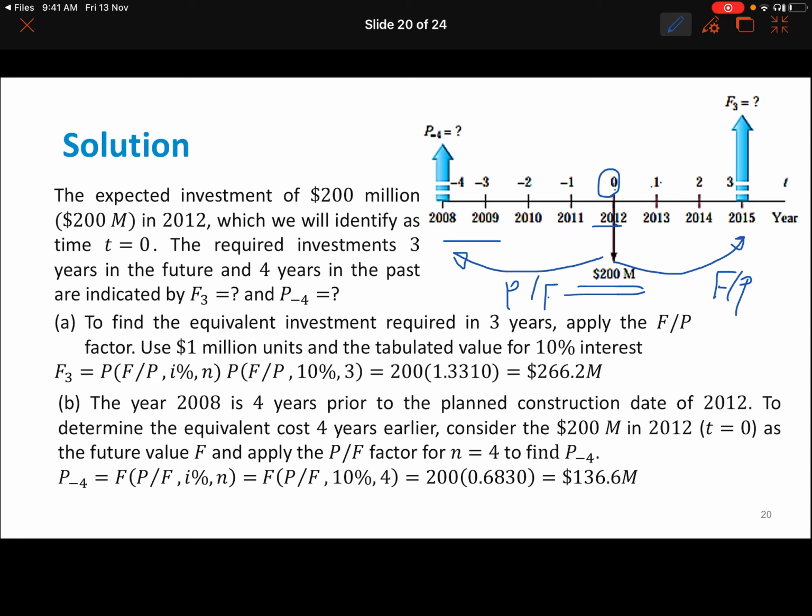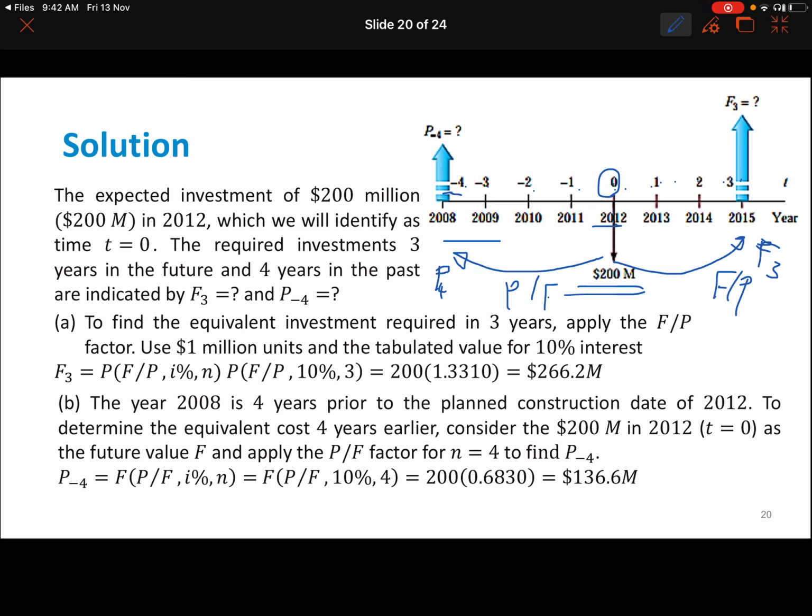I just renumbered the values. So 0, 1, 2, 3, and here -1, -2, -3, -4. So here I need P for P, and I need F for F. And you can read the equation.